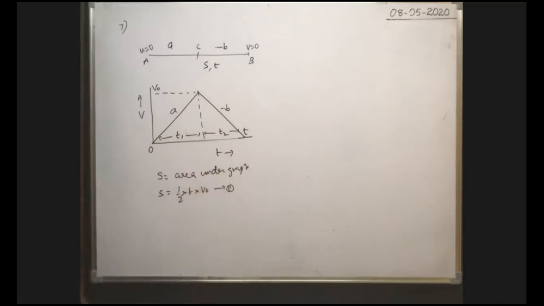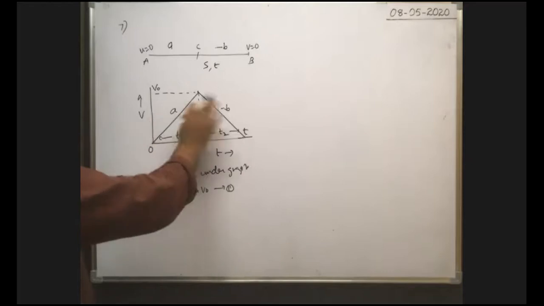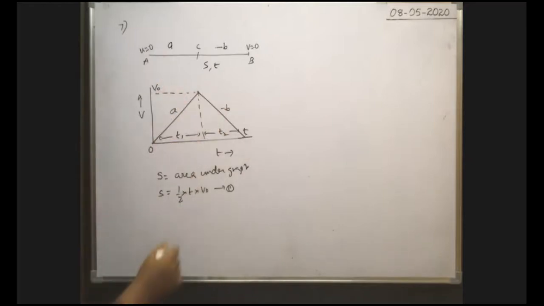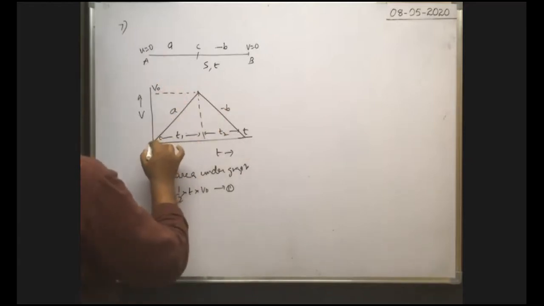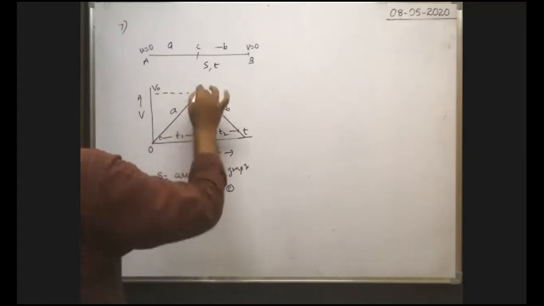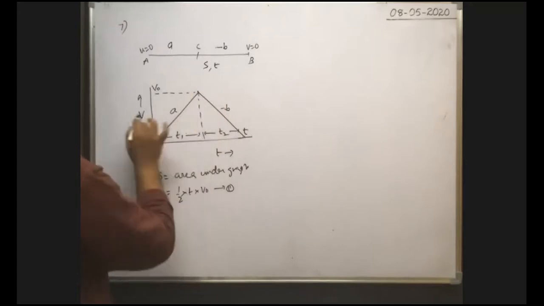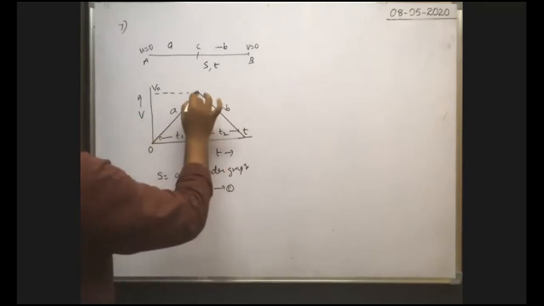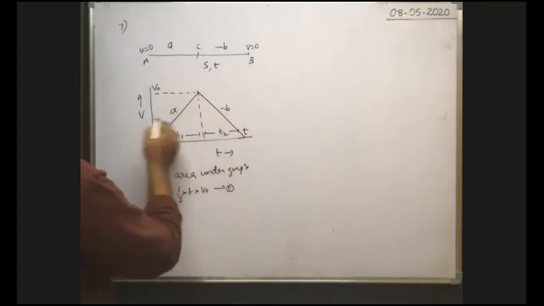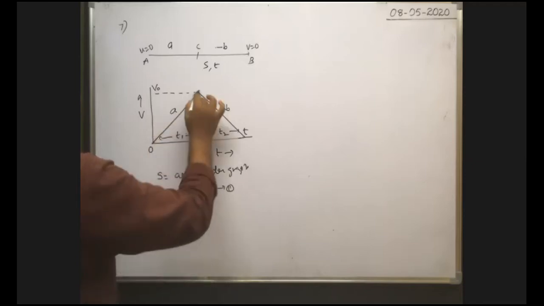What about v naught? In the options A, B, these two terms are involved. Here, from this graph, as the acceleration is constant, because the velocity time graph is a straight line passing through origin, means acceleration is constant, because slope of the velocity time graph is constant up to t1 seconds.